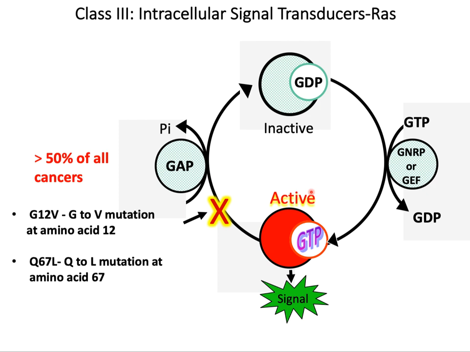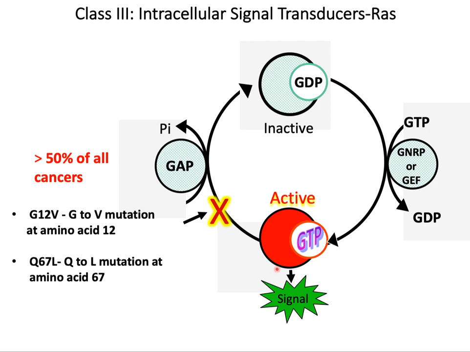And what happens is when you have a G12V mutation, you abolish the intrinsic GTPase activity of the RAS. So if the RAS does not have the GTPase activity, it can never hydrolyze the GTP to GDP, which means it is always on.